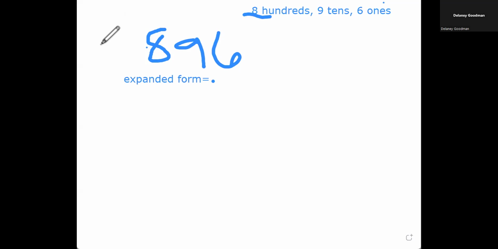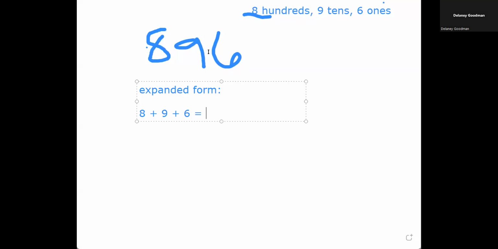When I am coming up with a value for my expanded form, I am not going to write expanded form equals 8 plus 9 plus 6. 8 plus 9 plus 6 does not equal 896. Rather, that equals 8 plus 9 is 17. 17 plus 6 is 23.